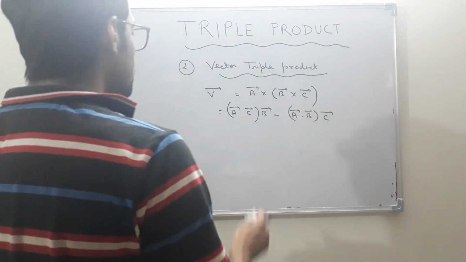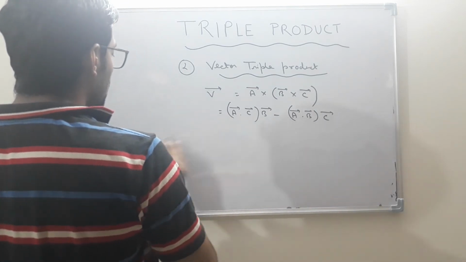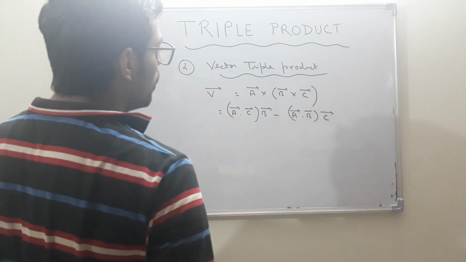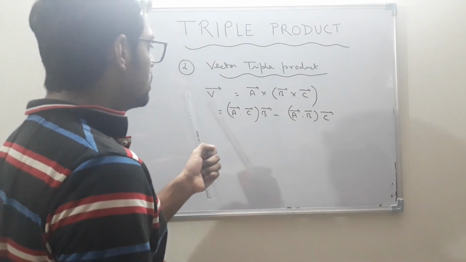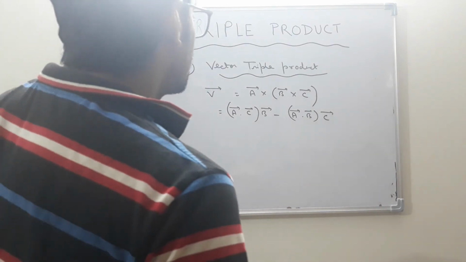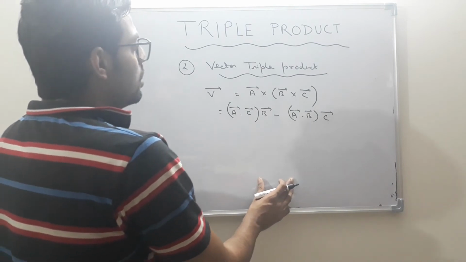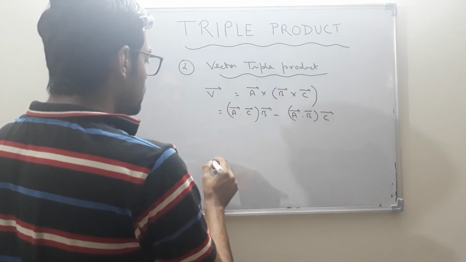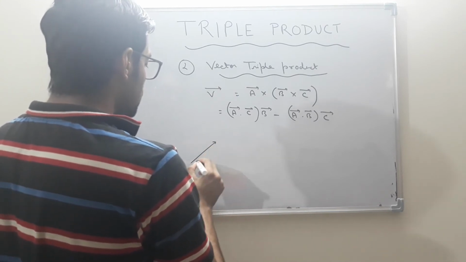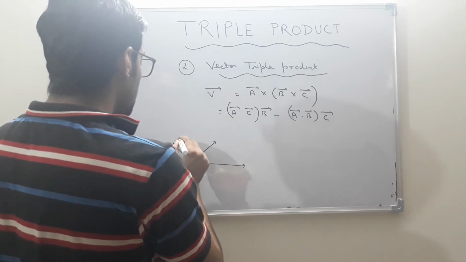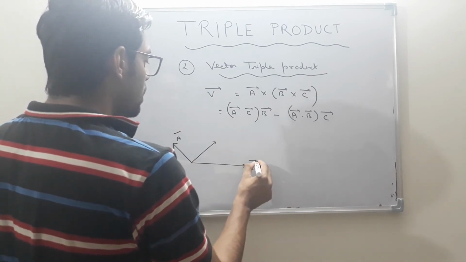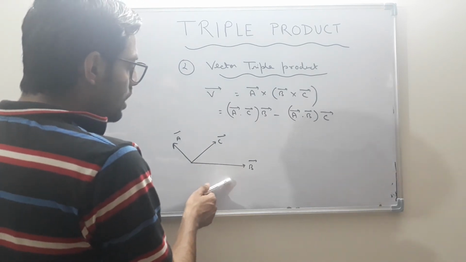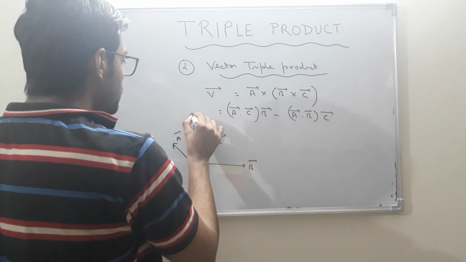Now, what are its characteristics? What will be the significance of the direction of the V vector? From this we can deduce that, suppose A, B and C lie in this plane. This is the A vector, this is the B vector and it is the C vector. If B and C lie in the same plane, then B cross C will be in this direction.